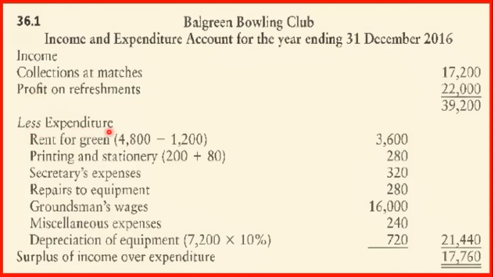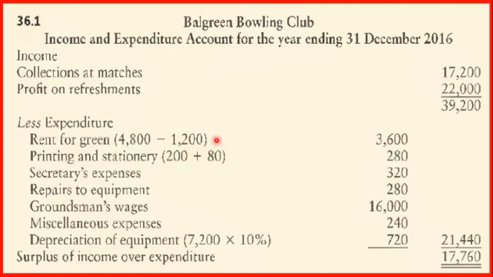With less expenditure, rent, notice you have your prepaid rent here that you are minusing from the rent that you paid. This is for our next period. Printing and stationery, we are adding on the amount that we owe in the accrued expenses.